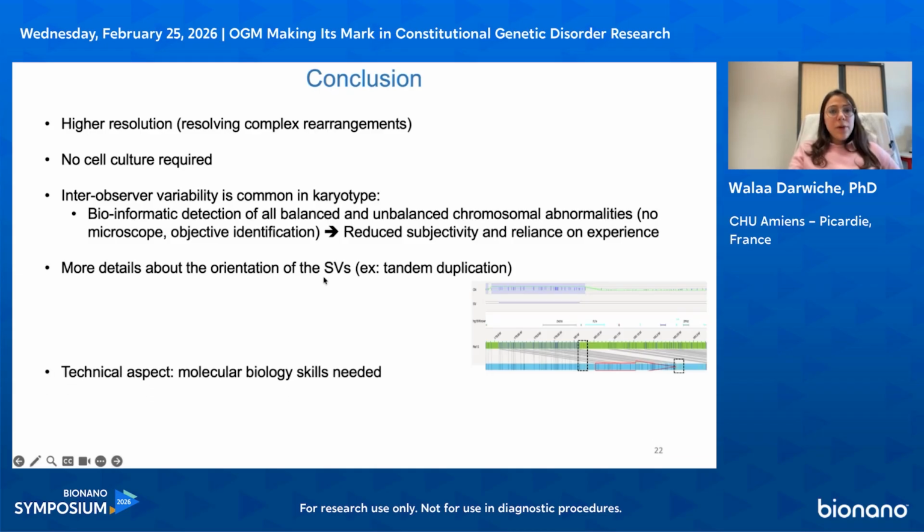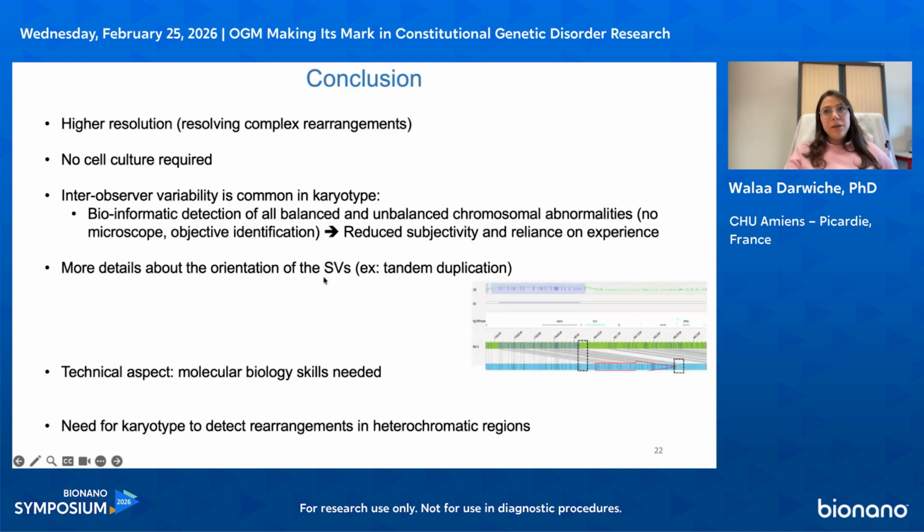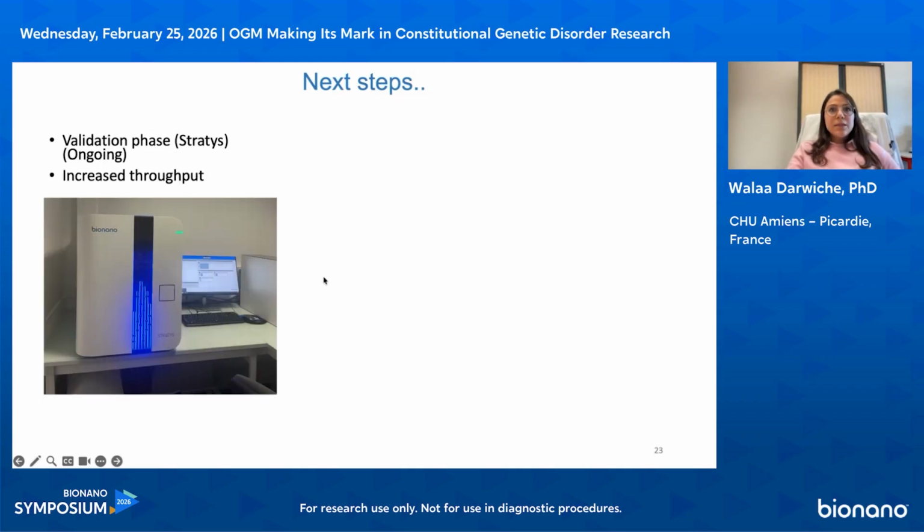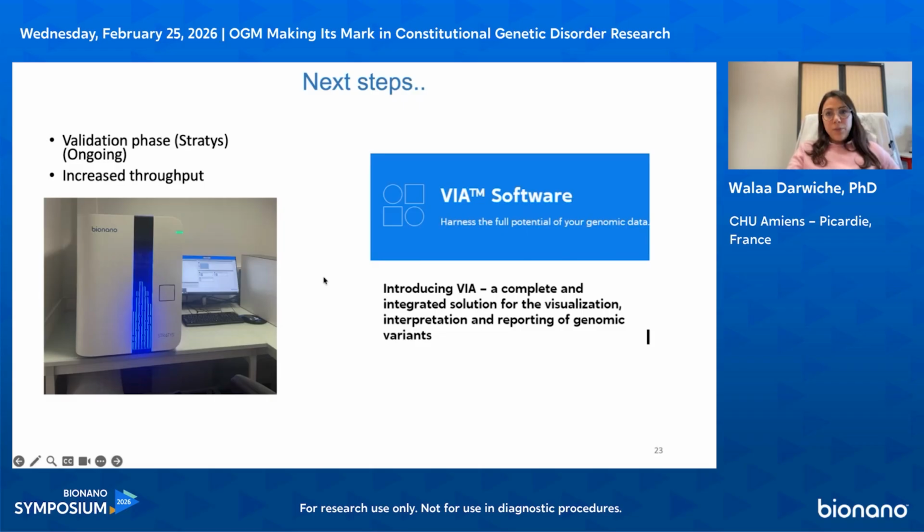However, the technique requires technical expertise and molecular biology skills, and conventional karyotyping is still necessary for detecting rearrangements in heterochromatic regions. Our next step in the lab includes completing the validation of the Stratus system to increase throughput and implementing the VIA software in our laboratory.